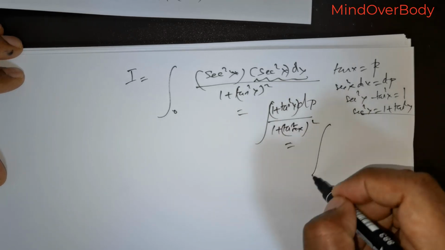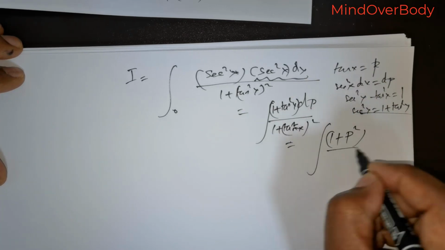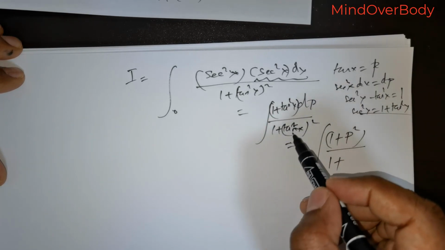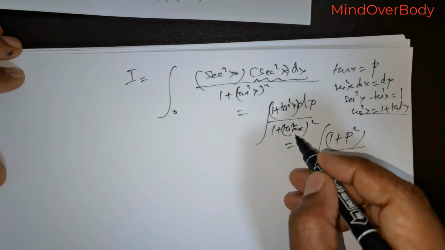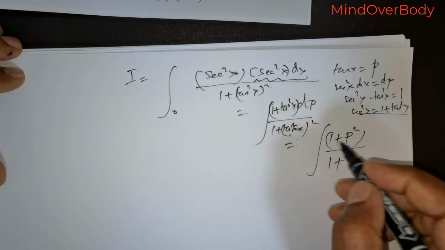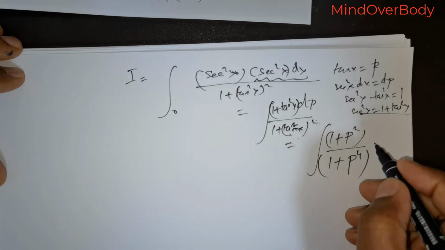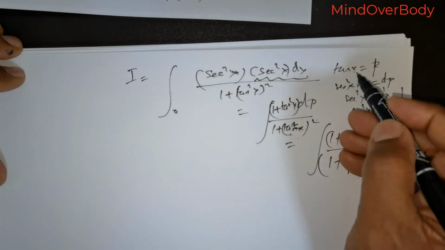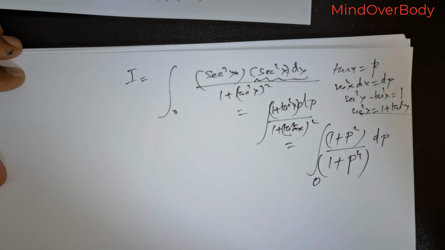But this can be rewritten, as tan x is p, this is 1 + p squared divided by 1 + p^4, since tan squared x is p squared, so you got (p squared) squared. That's going to be p to the power of 4 times the dp. Now you need to get the limits. So when x is equal to 0, tan x is tan of 0, which will give you 0.